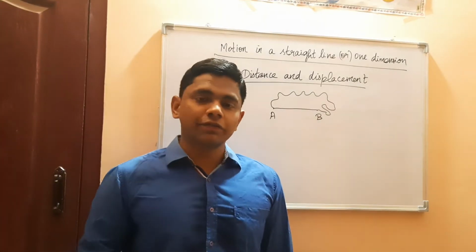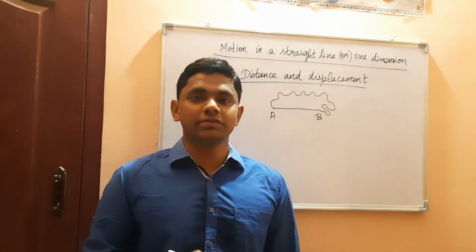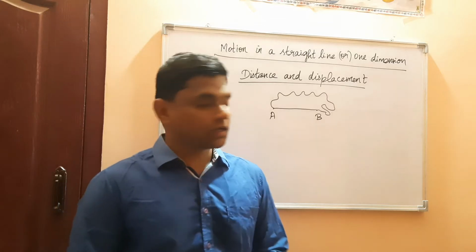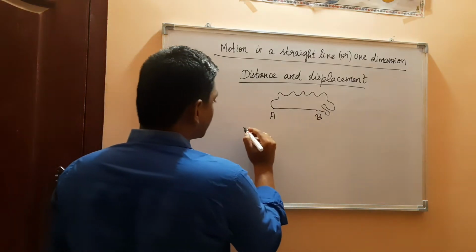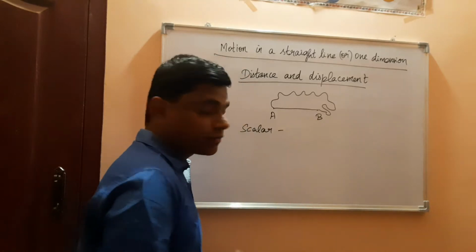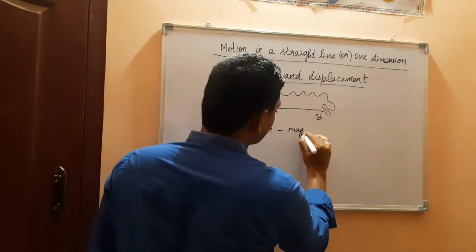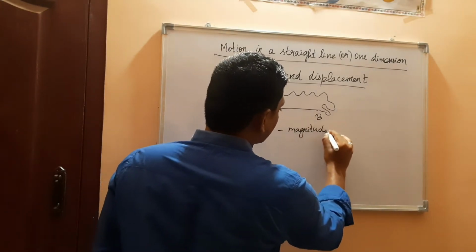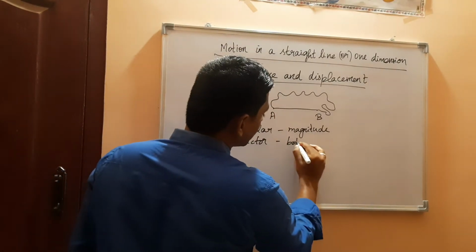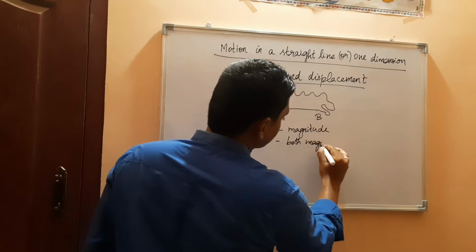Another major difference between distance and displacement is that distance is a scalar quantity and displacement is a vector quantity. So what is meant by scalar and vector quantity? Scalar quantity is the one which has magnitude only, and the vector quantity is the one which has both magnitude and direction.